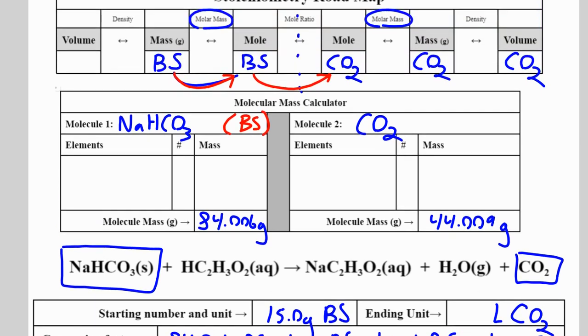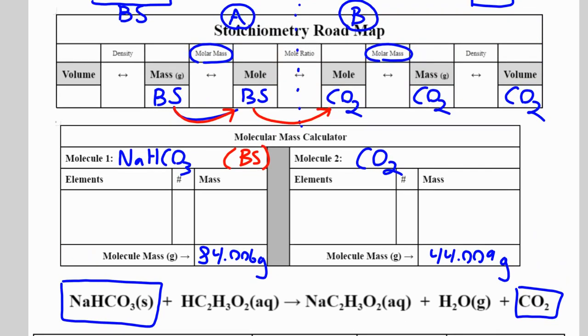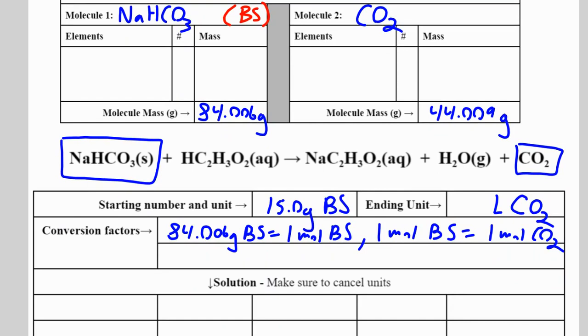Okay, next in my roadmap, I'm going to convert from moles of CO2 to mass of CO2, and I'm going to use the molar mass of CO2 in order to do that. So 1 mole of CO2 is equal to 44.009 grams of CO2. And I got that number up here.